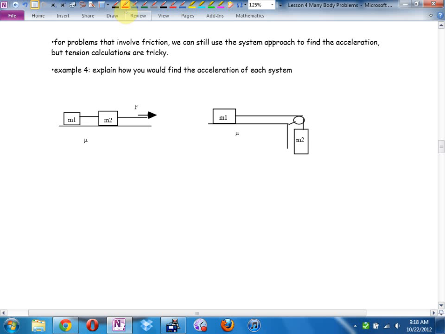Example 4 says, explain how you would find the acceleration of each system. Well, what are the forces acting on M1? Get the obvious ones. What else? Normal force 1, tension. Now there is friction because there is a mu down here. I would call that friction force number 1.